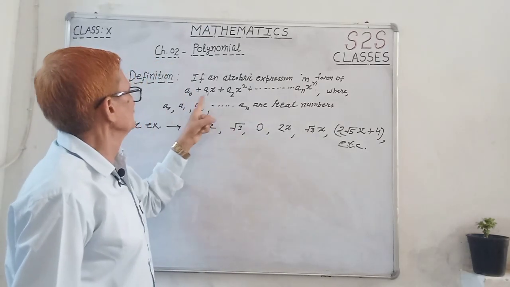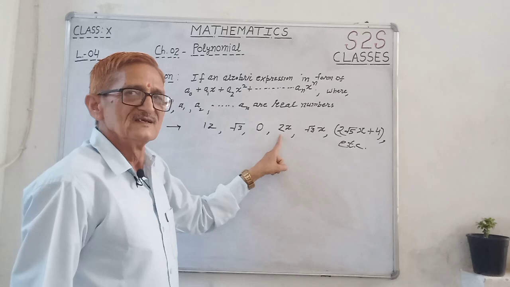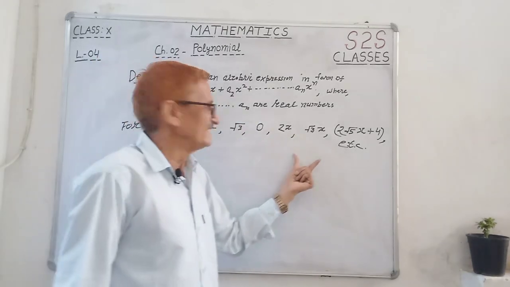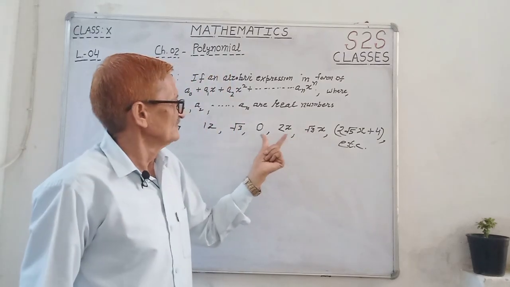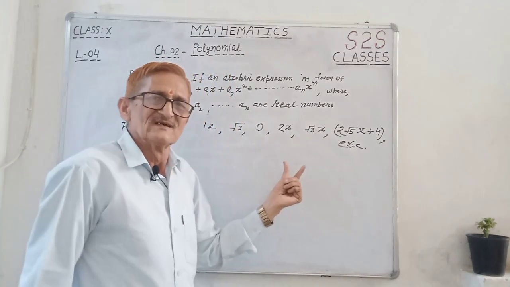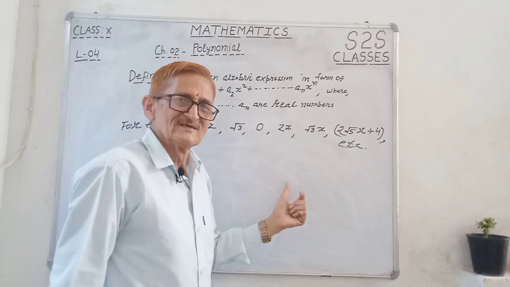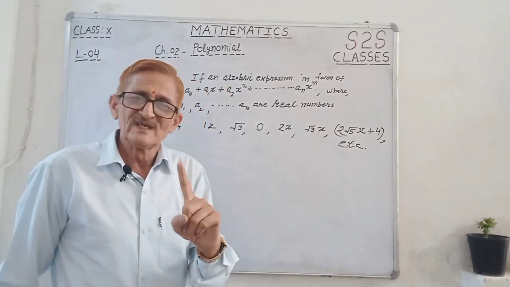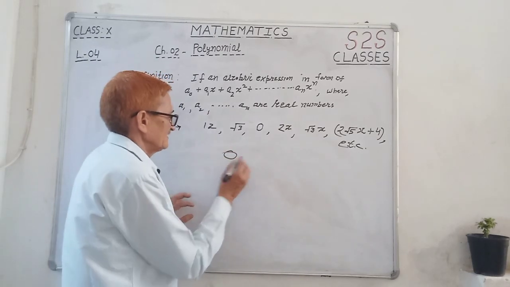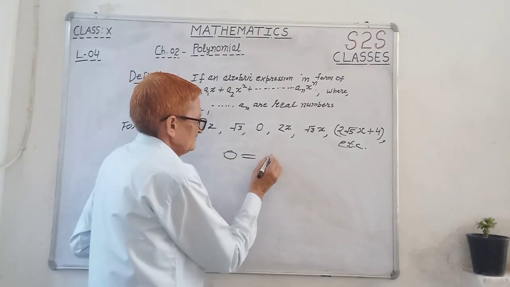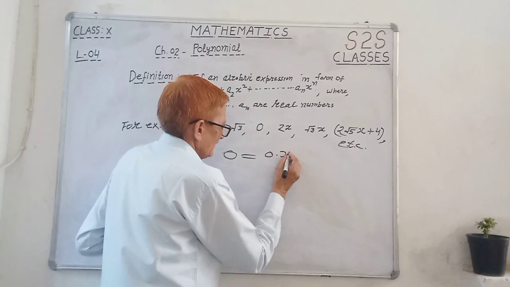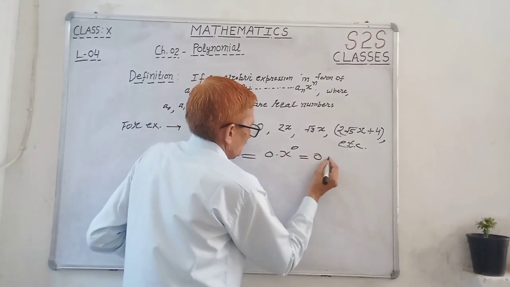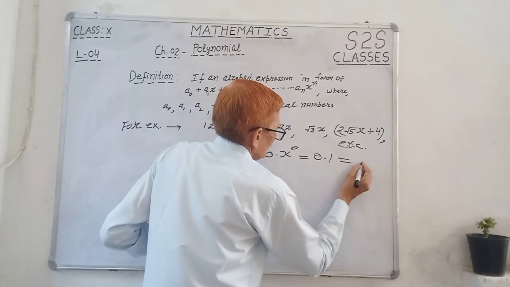If the first term a0 is 0, only the second term may be with x, a single term with x, maybe root 3x, 2x, maybe 2 upon 5 x. Here x power is 1; in the only-number case the variable power is 0. If you write 0, then 0 means 0 into x power 0, which equals 0 into 1, equal to 0.